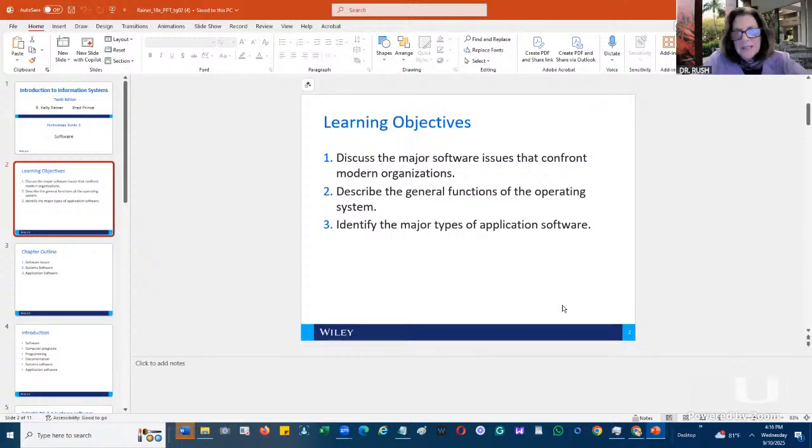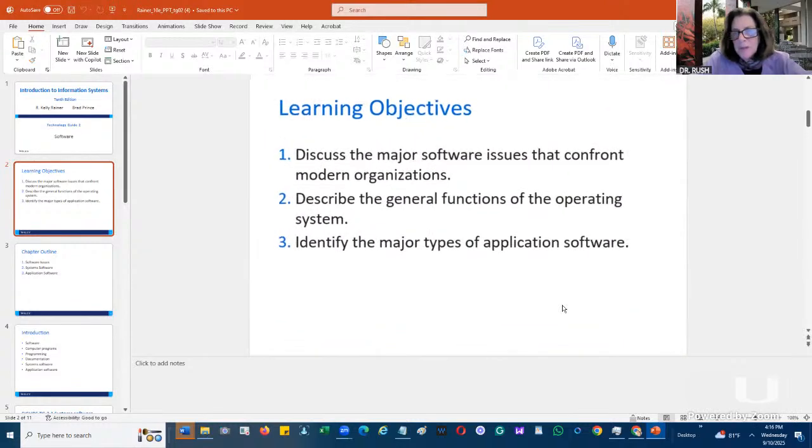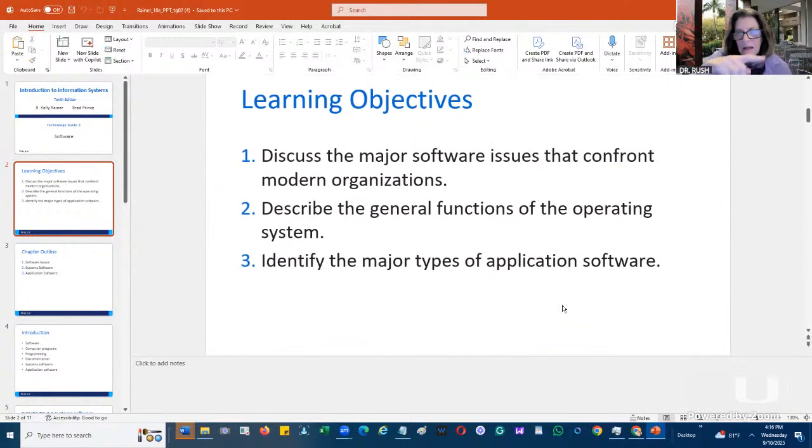And one of the things I want you to know, Ava, and this is for everybody, is the difference between an operating system and application software. Who cares what operating system I have, and how does an application software relate to an operating system.